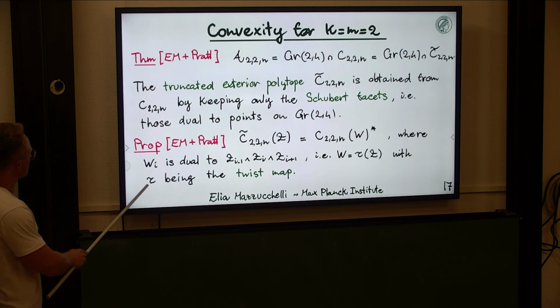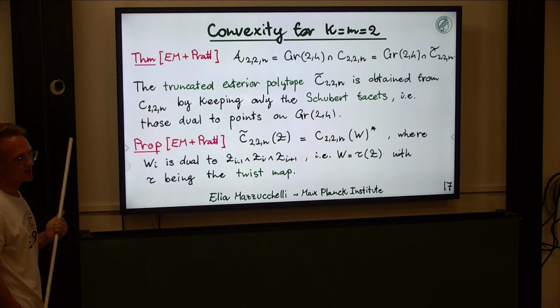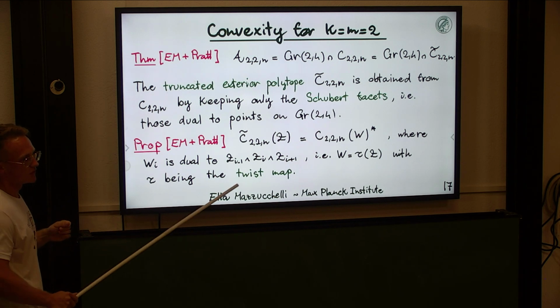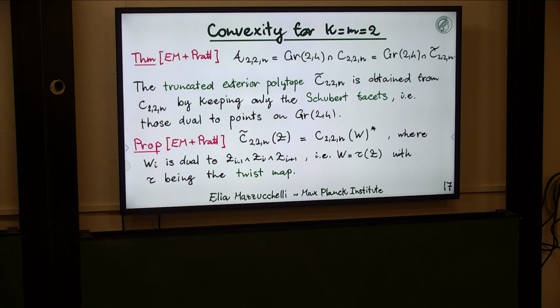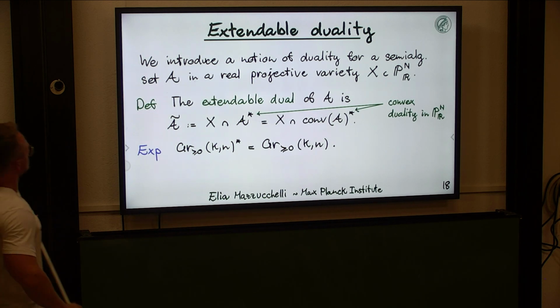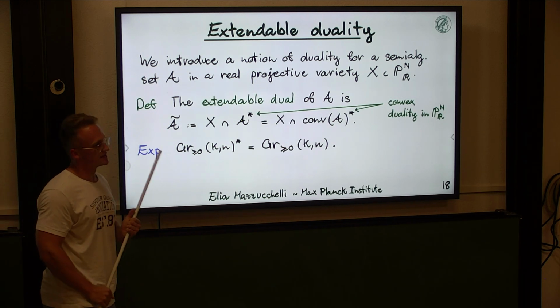I'll definitely rely on the fact that tau is an involution. Yes, in this case, it's a proper involution for this specific choice of parameters. So I'll rely on that, because I want to define a notion of duality in this context.